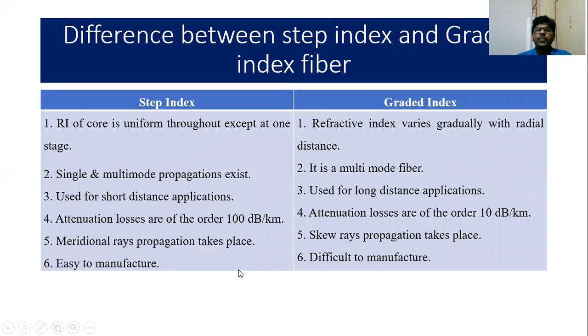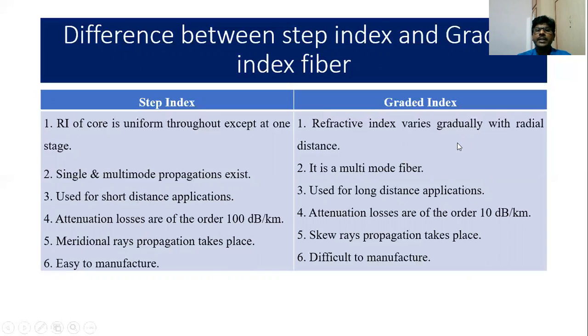We shall see the difference between a step index fiber and a graded index fiber. Step index fiber: refractive index of core is uniform throughout except at one stage, that is where the core meets the cladding. Single and multimode propagations exist, used for short distance applications. Attenuation losses are of the order of 100 decibels per kilometer. Meridional rays propagation takes place, easy to manufacture.